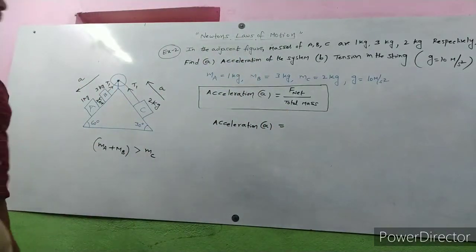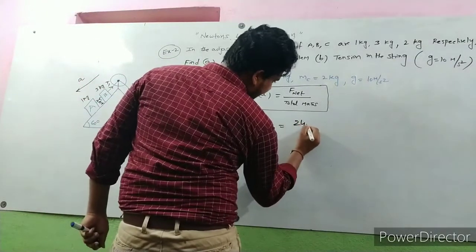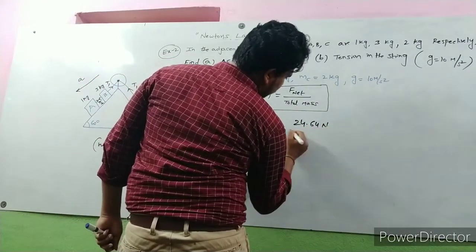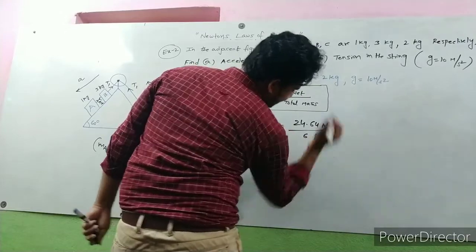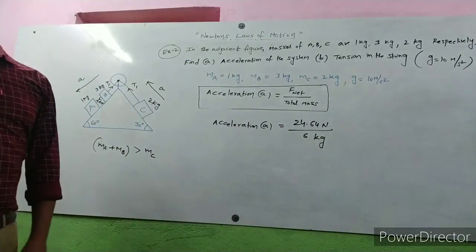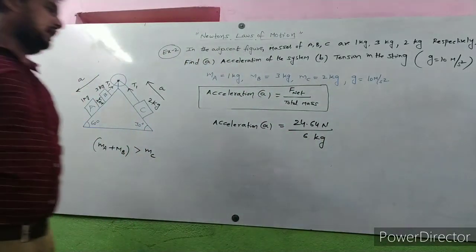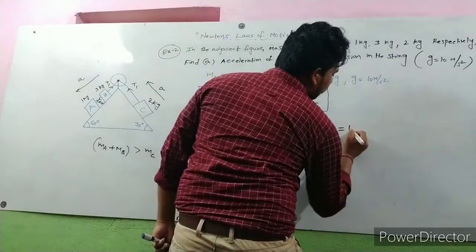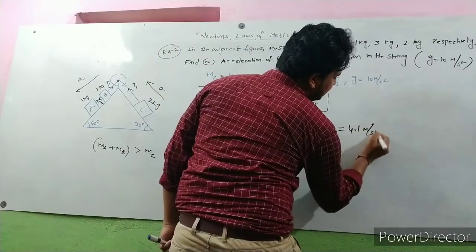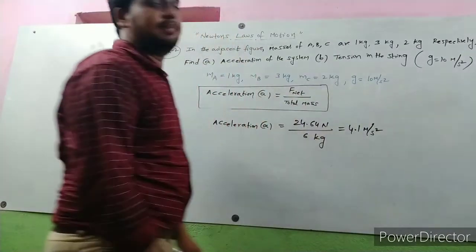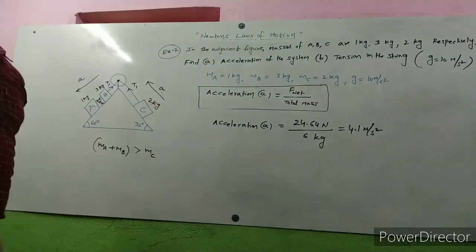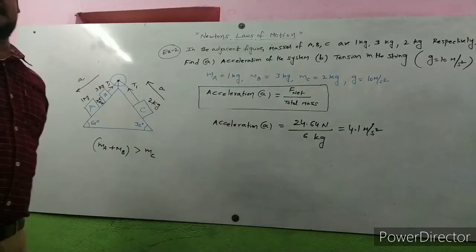Net force we got here is 24.64 newtons, and total mass we got is 6 kgs. So the answer for this question is 4.1 meter per second square. This is acceleration.